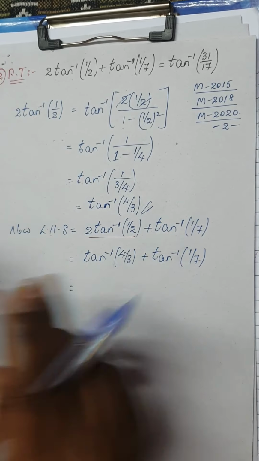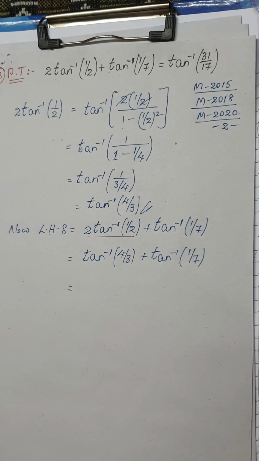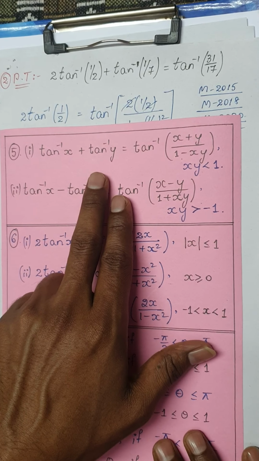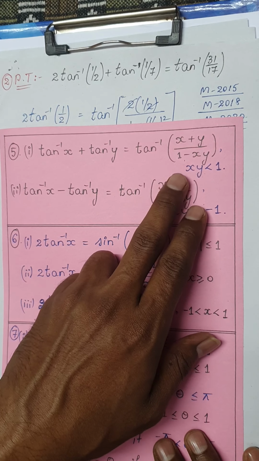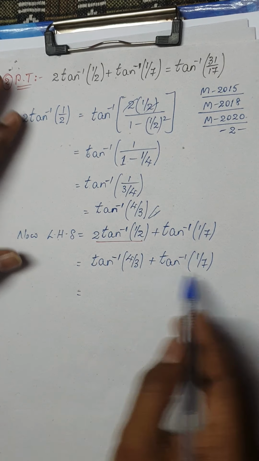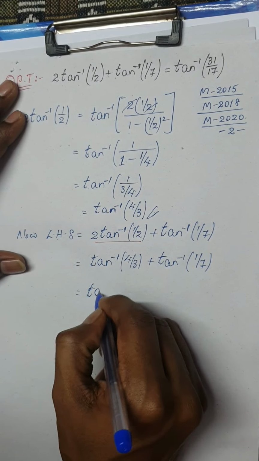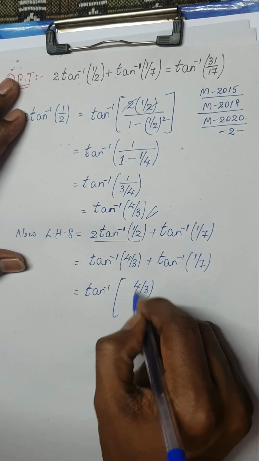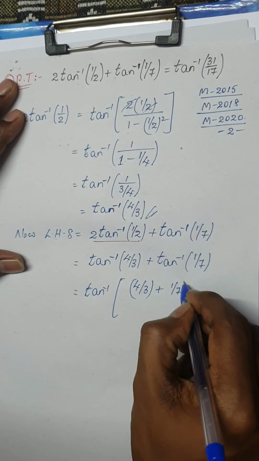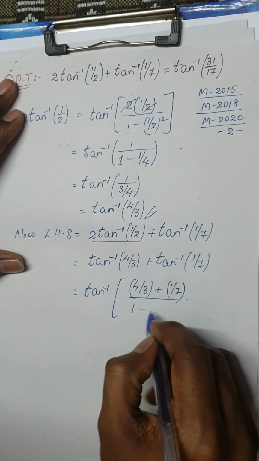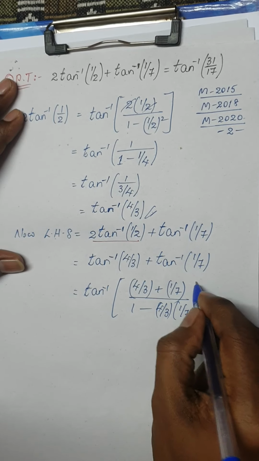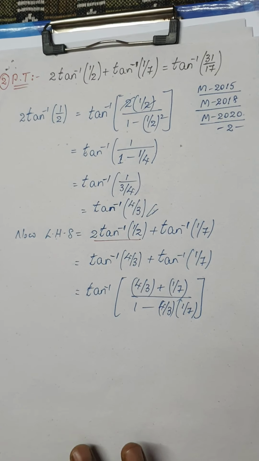Again I am going to use the previous property which I have already checked: tan inverse of x plus tan inverse of y is tan inverse of x plus y by 1 minus xy. The provided condition will definitely be holding in this case. So this is tan inverse of x plus y, that is 4 by 3 plus 1 by 7, divided by 1 minus 4 by 3 into 1 by 7, just using the formula here.